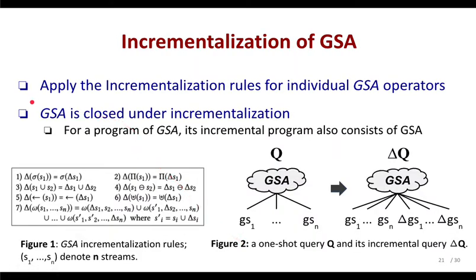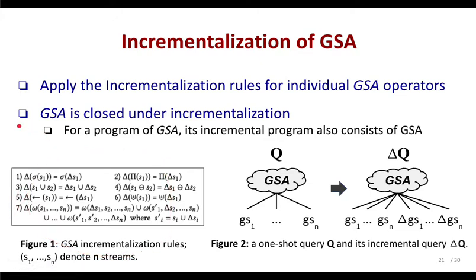Then, how do we generate an incremental algorithm of a user program? After translating the LNG program to GSA plans, we apply the incrementalization rules for individual GSA operators, and the rules are shown here in figure 1.